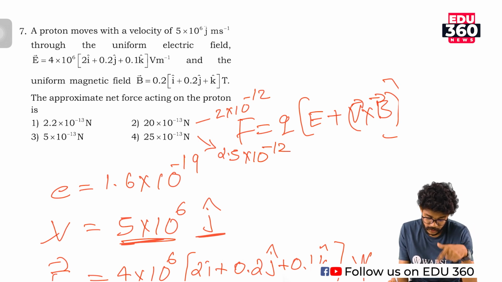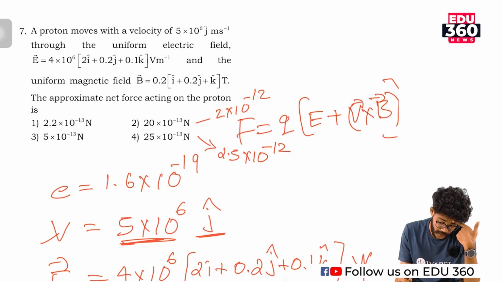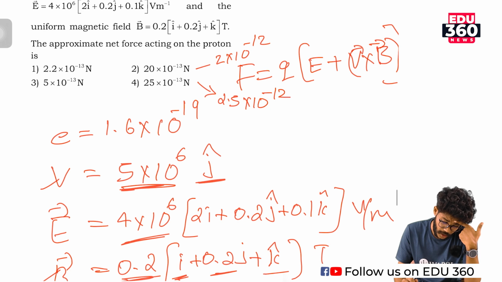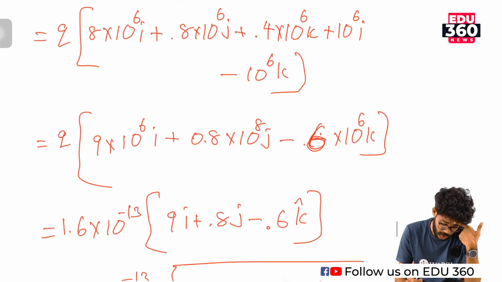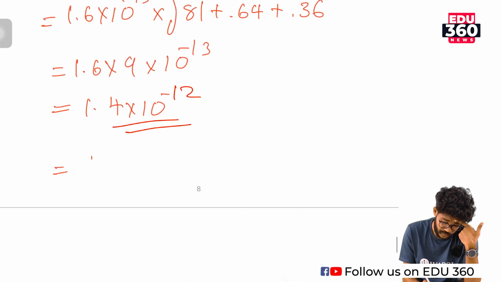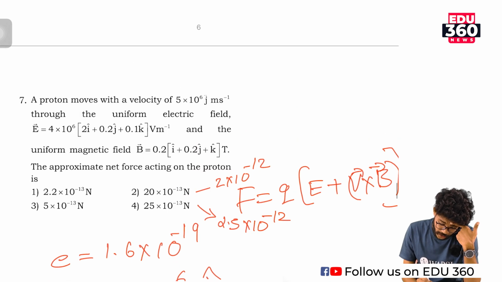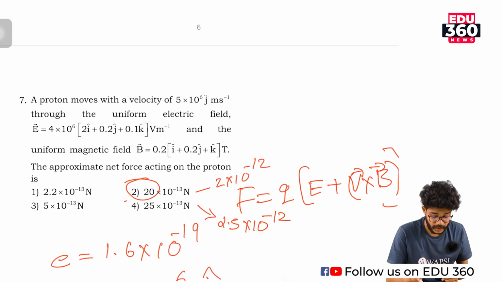No other option we can change. If we want our answer in 10 raised to minus 13, our answer is 14 into 10 raised to minus 13. Okay, our magnitude is 14, which is very near to 20. So option 2 is the correct answer.